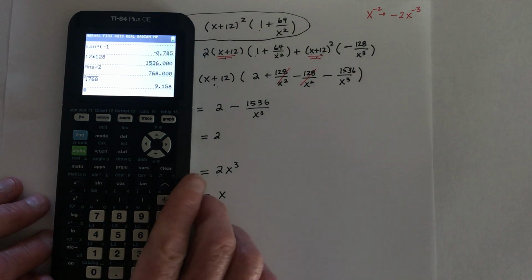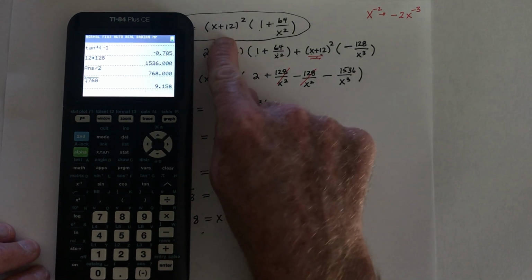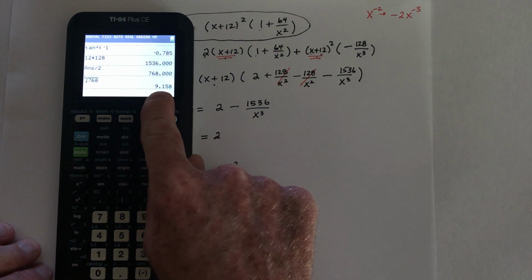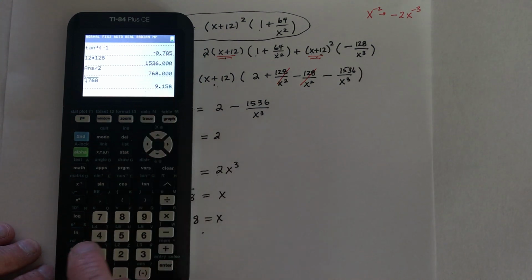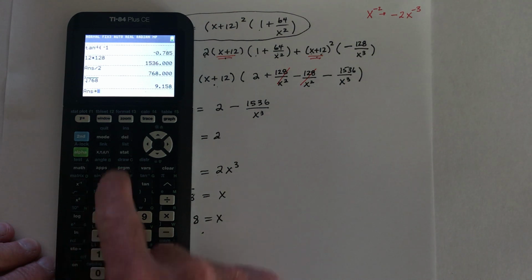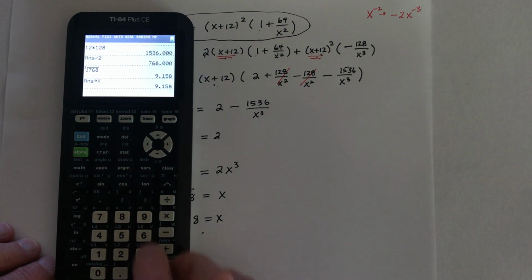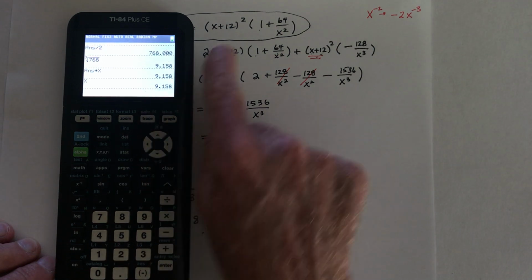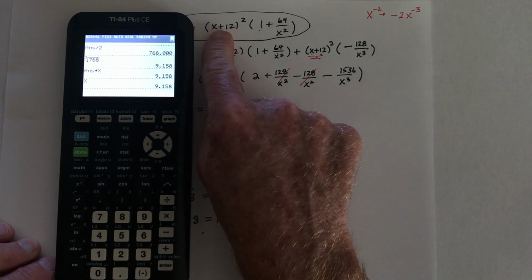So I need to substitute x in here, and this is the x that I need to substitute. So to save some typing, what I'm going to do is, down here on the bottom of the calculator, store that answer as x. So now anytime I use an x, it's going to plug in a 9.158. So then I'll plug it in here.